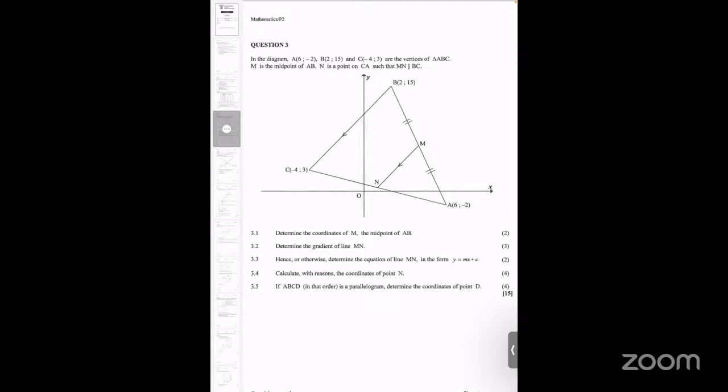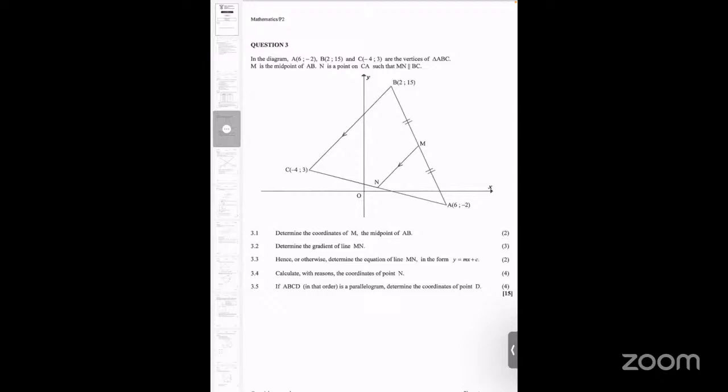Otherwise, if for some reason you have perpendicular lines, you don't just assume lines to be perpendicular. Either you must be told in the statement or there must be that sign of a box at the corner which shows it's a perpendicular line. So for perpendicular lines, we know that when you multiply the gradient of line 1 with the gradient of line 2, they must be equal to -1.